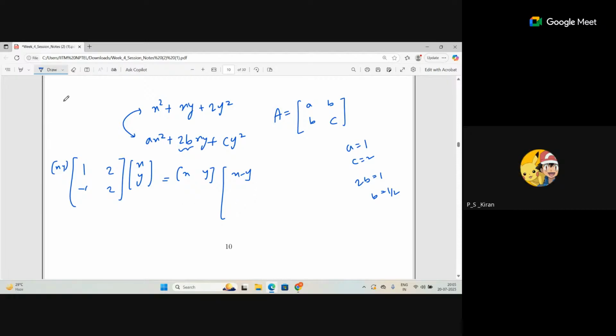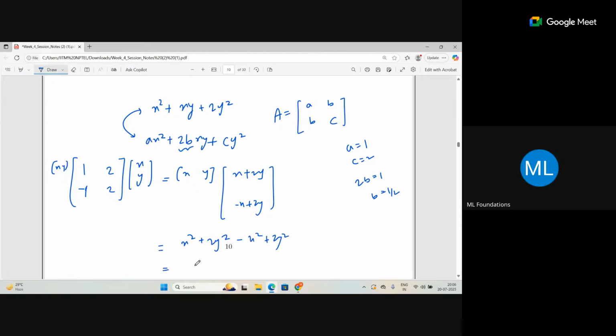The solution of this is not unique. The diagonal entries are fixed, but the off-diagonal entries can be varied. x plus 2y and here minus x plus 2y, and that's going to be x square plus 2y square minus x square plus 2y square.